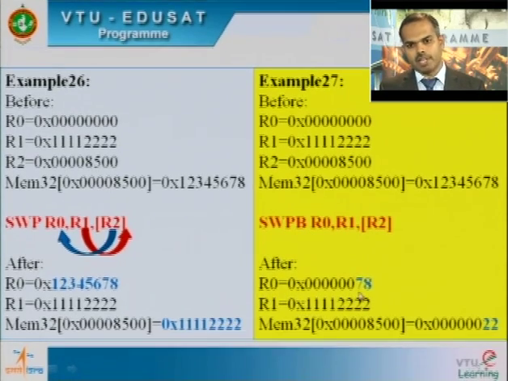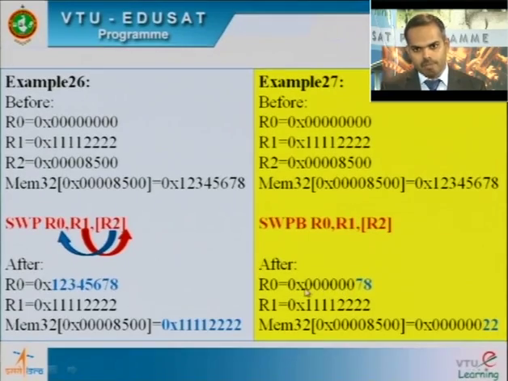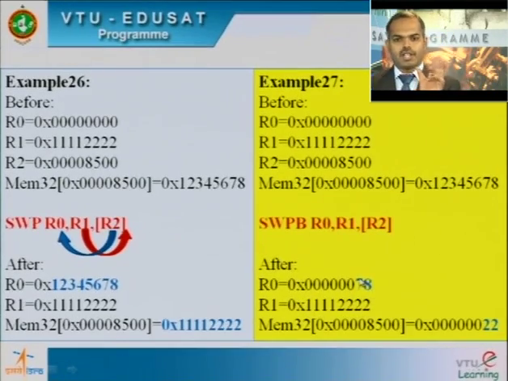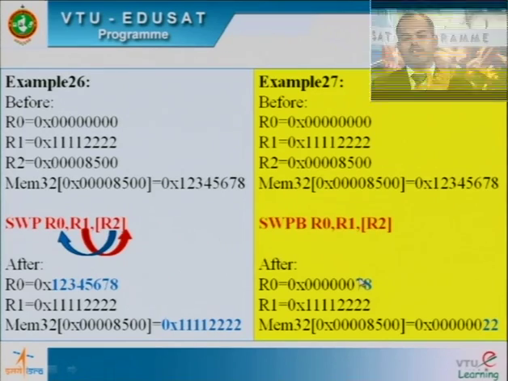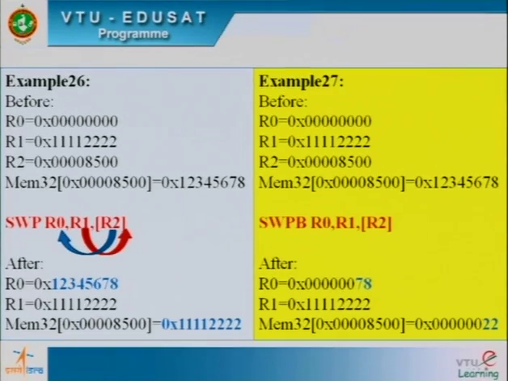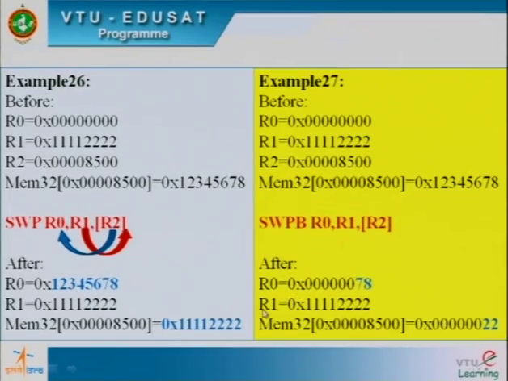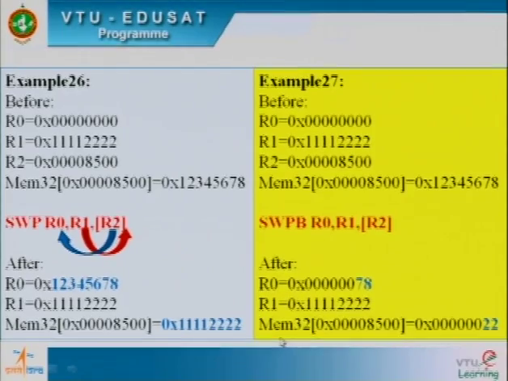R0 is actually a 32-bit register. In that 32-bit register, the lower byte will hold the 78, and the remaining 24 bits will get updated with zeros. That means it is an unsigned operation. R1 will hold the original value as it is.